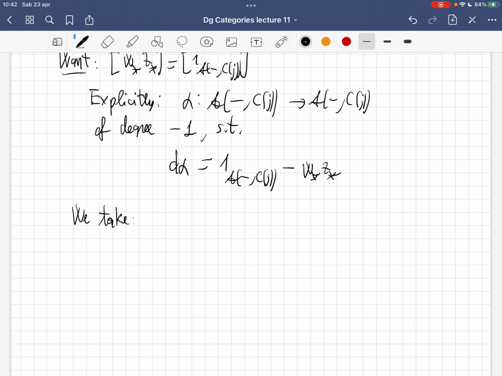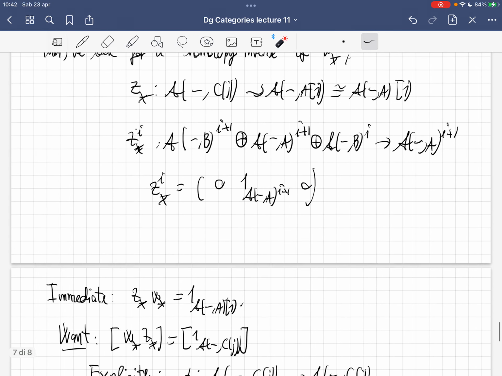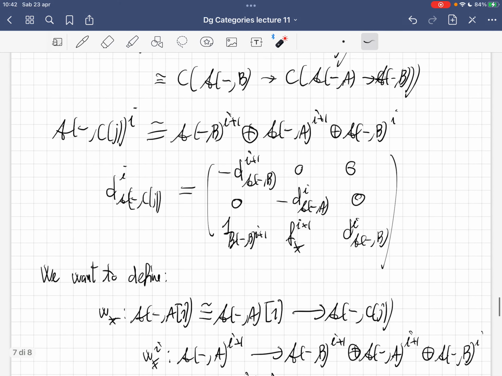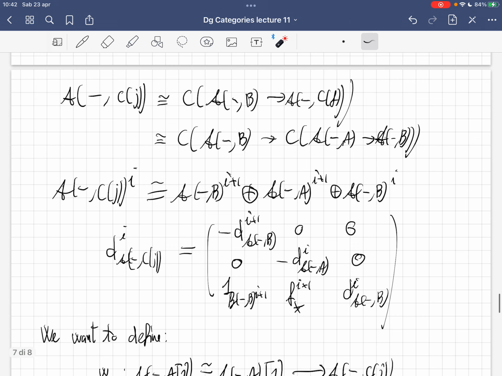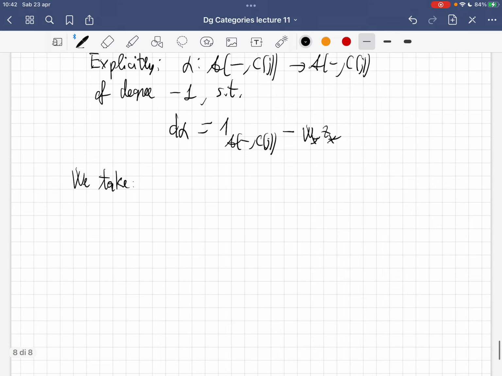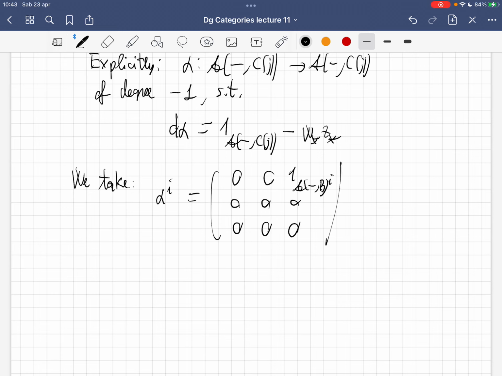It's a big matrix because it's from this, as I always repeat, but it's the important thing. These computations are not really the important part. The important part is to use representability and then handle it somehow, identify with that. Again, you see alpha I in matrix notation is 0, 0, 0, 0, 0, 0, 0, 0, and here you put some identity. And then you see that everything works.